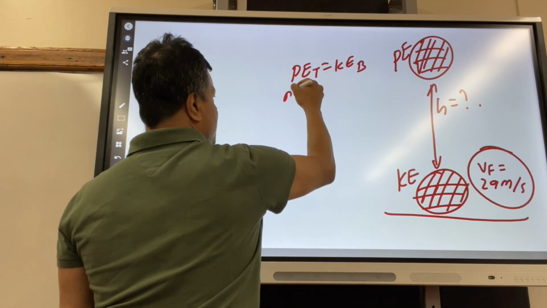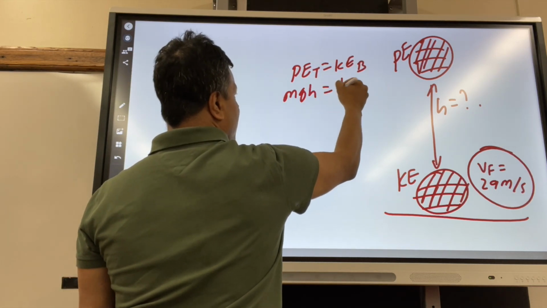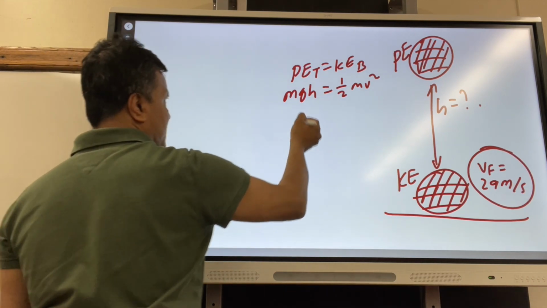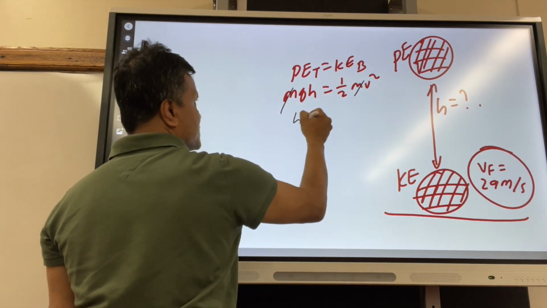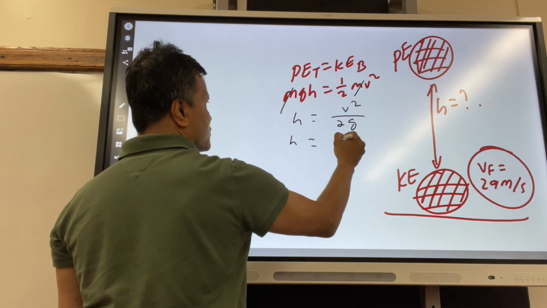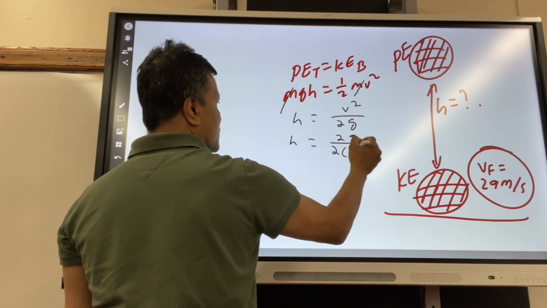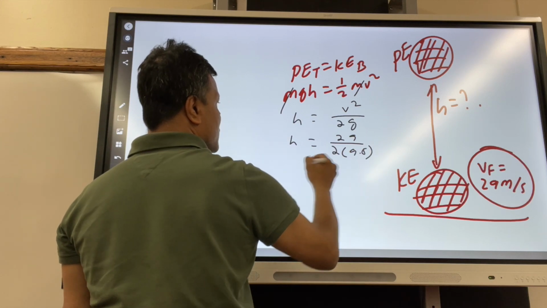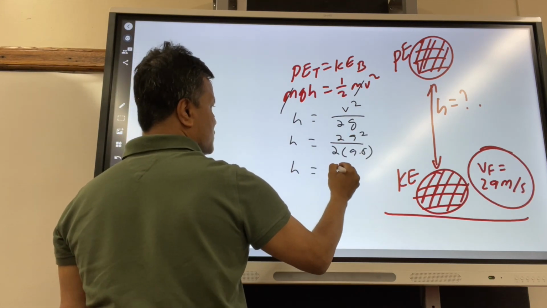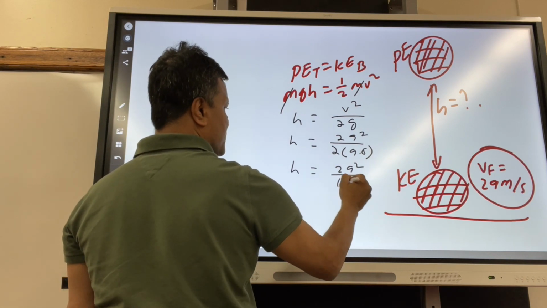So potential energy mgh is equal to half mv squared. What does that mean? That means you can cancel lots of things. So h is equal to v squared over 2g, right? So h is equal to 29 squared over 2 times 9.8. 29 is squared, don't forget that. So h is equal to 29 squared over 19.6.